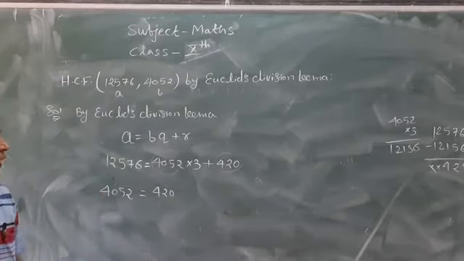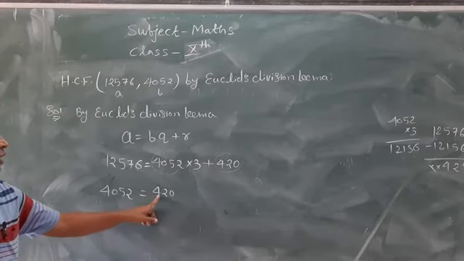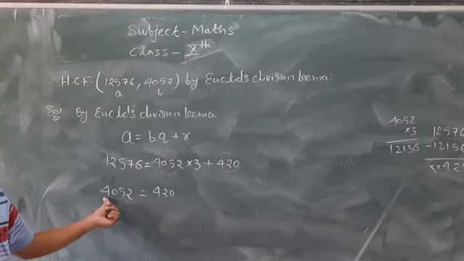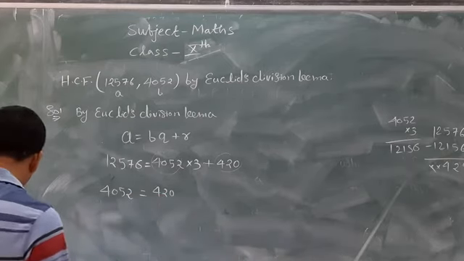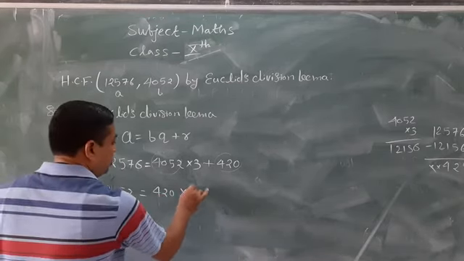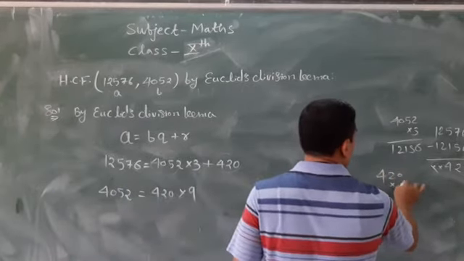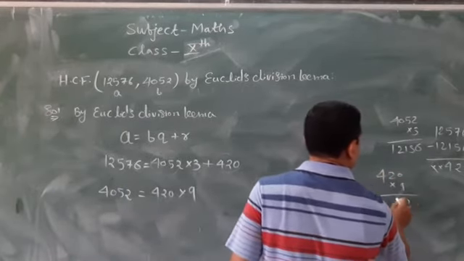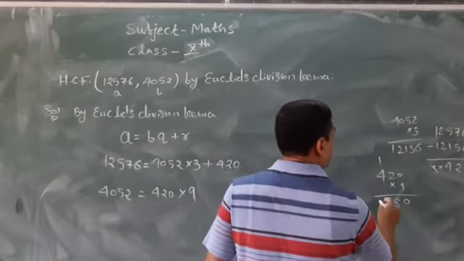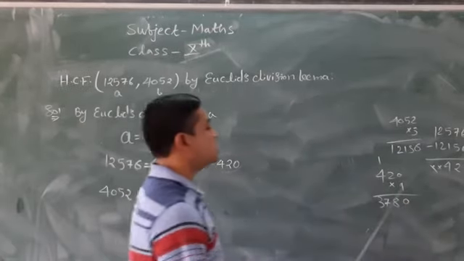Again you will divide. How many times will it go? If we multiply 4 by 420, how many times? If we do 10 times, it will be 4,200, which will be more than that. So it will go 9 times. So let us see if it goes 9 times, how much will it come? 420 into 9 is 3,780.